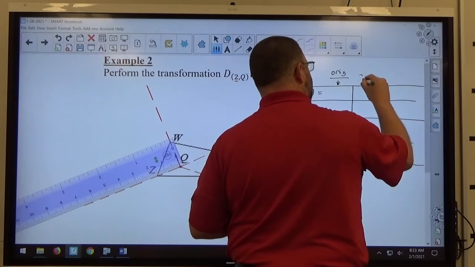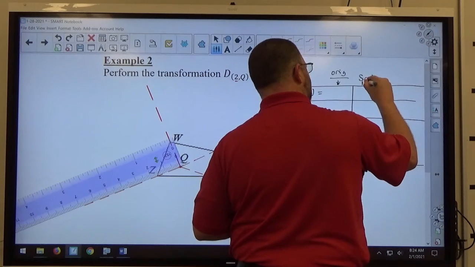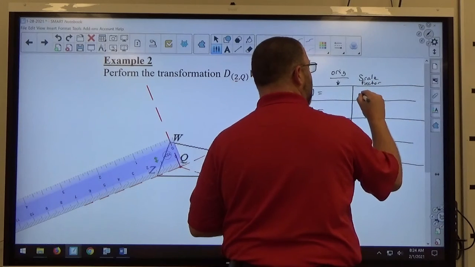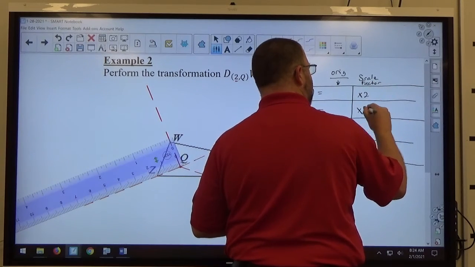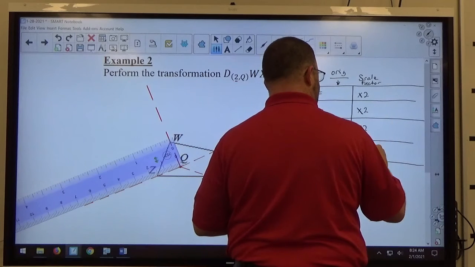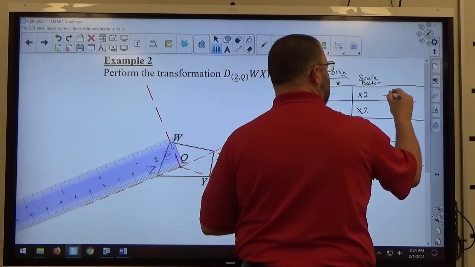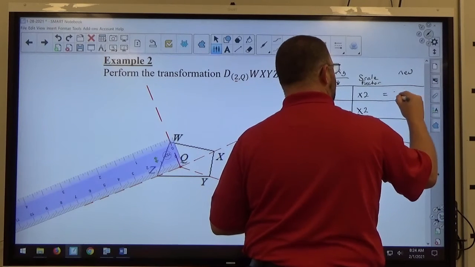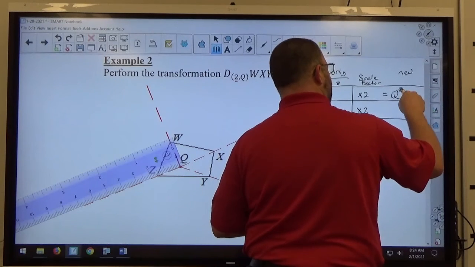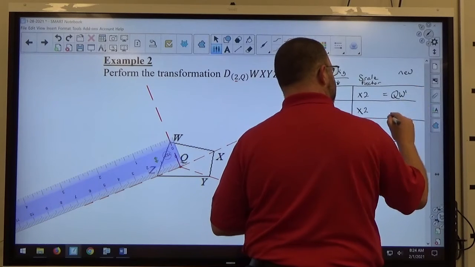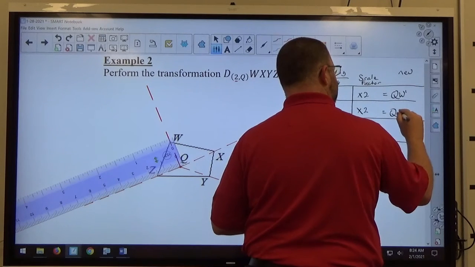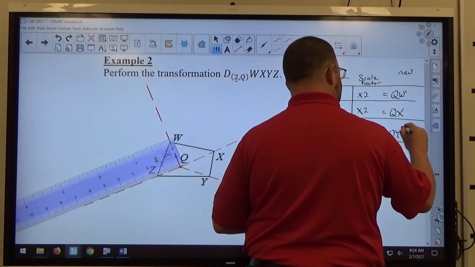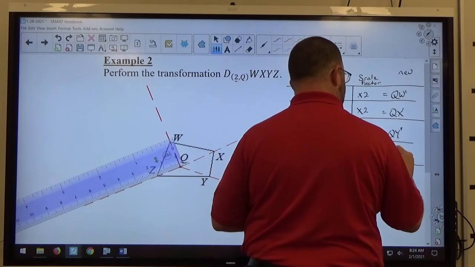My scale factor is 2. So I'm going to be multiplied by 2, multiplied by 2, multiplied by 2, multiplied by 2. And that will equal my new distance, which is going to be QW prime, QX prime, QY prime, and QZ prime.